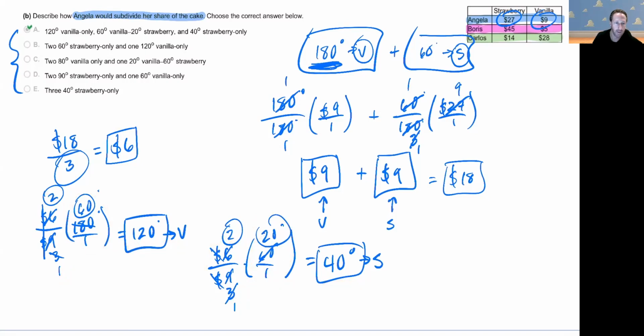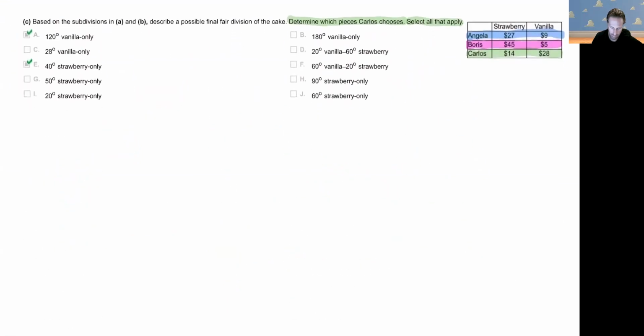Hopefully you followed that so that we can move on to part C, which now that we have those 2, which were cut initially by Angela, and then each of their halves had to be cut into thirds so that each of the 3 people would have something, 2 things out of the 6 left over. So in part C here, we now want to see what Carlos would choose from each individual.